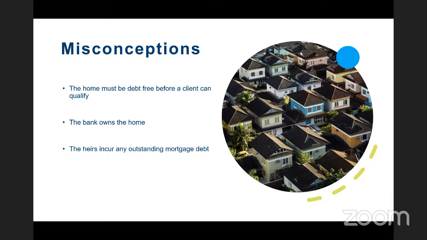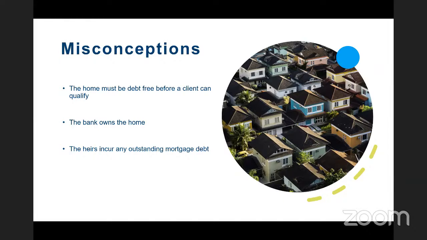And even if there's a small shortfall, even if the borrower needs to bring a little bit of money to closing to make that happen, they can. And oftentimes a borrower will decide that that is worth doing in order to relieve themselves of the obligation of that monthly mortgage payment.